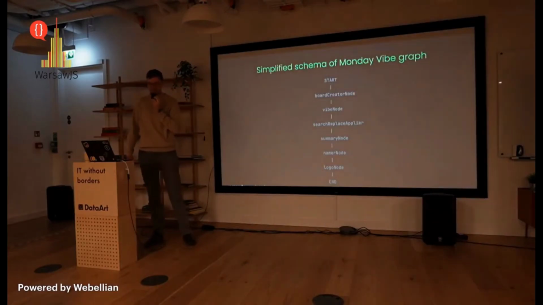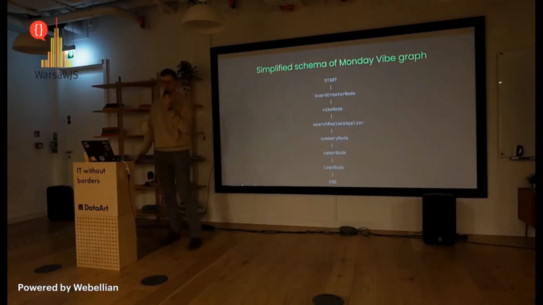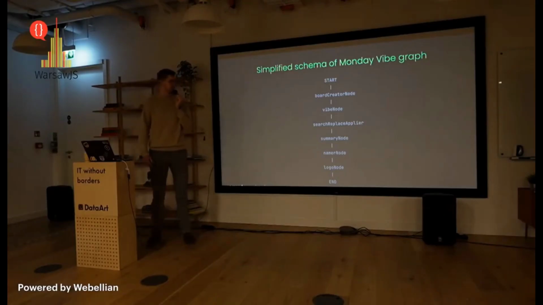And this is the simplified schema of how the Monday Vibe graph looks. It starts with the optional node, board creator. In my case, I didn't select a board, so this node will create a new board for me and add some sample items. The next node is responsible for code generation.